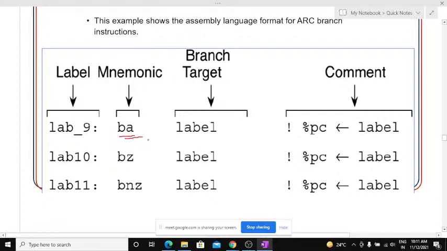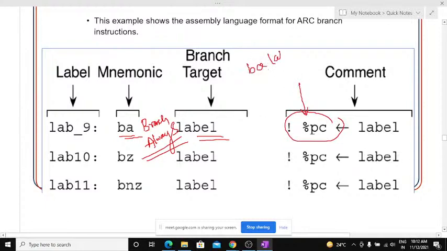Then similar to that, there are some other branch related instructions. Branch always. Branch always means branch to an address. When the condition is true, the program counter will specify the address of the next instruction to be executed.